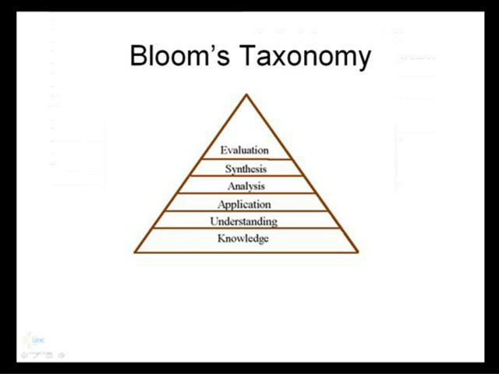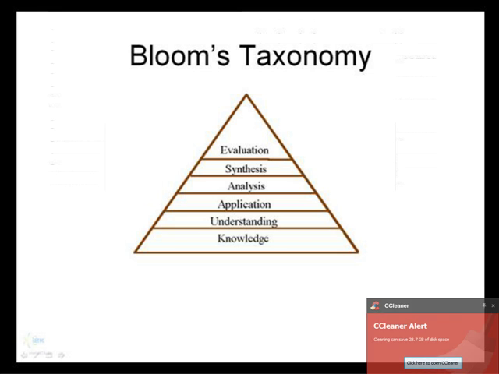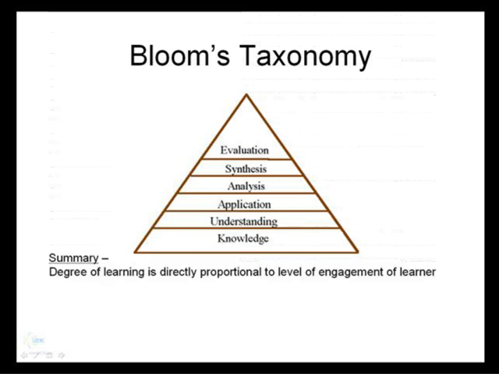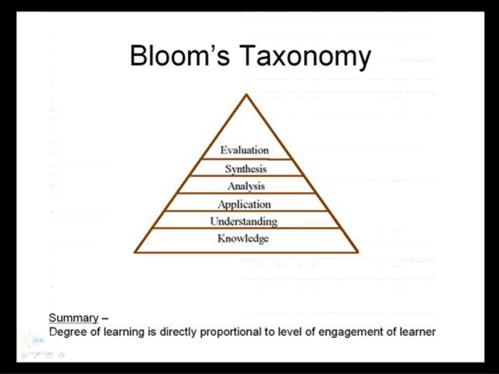In other words, we can simply check the degree of learning or learner engagement process by varying the testing procedure. Maximum learning or learner engagement is when a learner is successfully tested at the highest level, or the degree of learning is directly proportional to the level of the engagement of the learner.